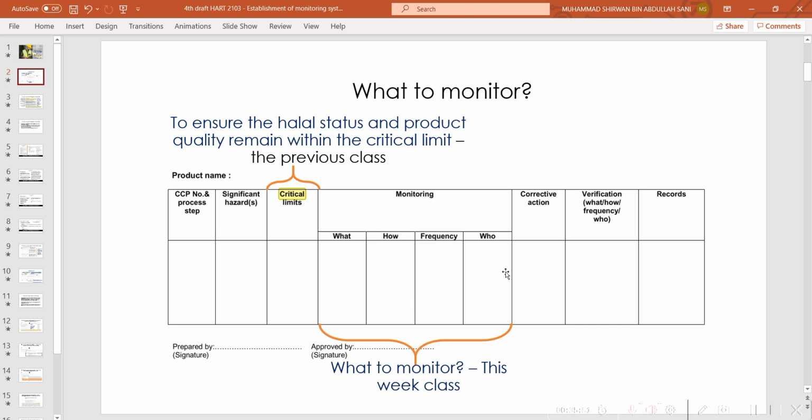And in the next class we are talking about corrective action that you can do if you find any deviation during the monitoring system. And deviation means the result deviates beyond the critical limit that you have set up.